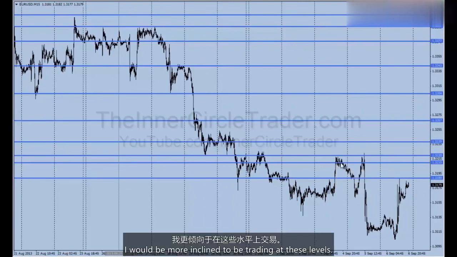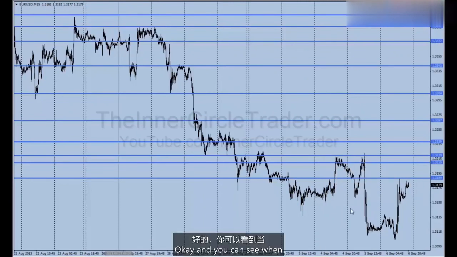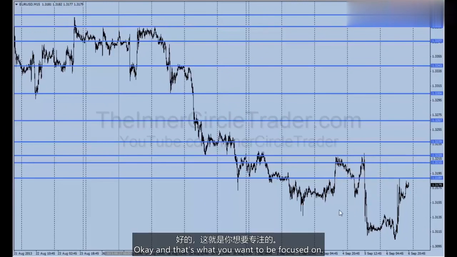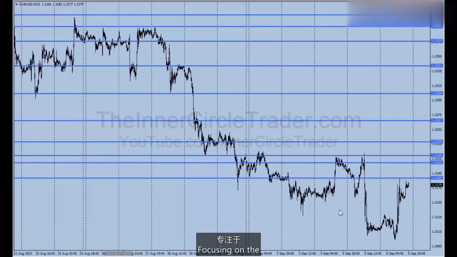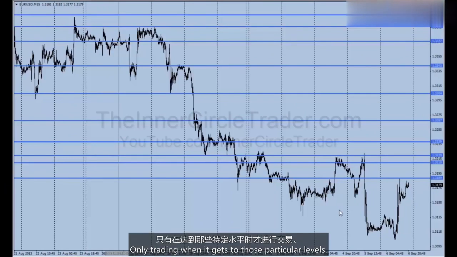I would be more inclined to be trading at these levels, okay, and you can see when price gets to these levels, the reaction that it has, and that's what you want to be focusing on: the impact of these higher level time frame support and resistance levels, and applying that to your trading, only trading when it gets to those particular levels, and a confluence of other supporting indicators, whether it be price indicators or economic indicators that come around in terms of your economic calendar.